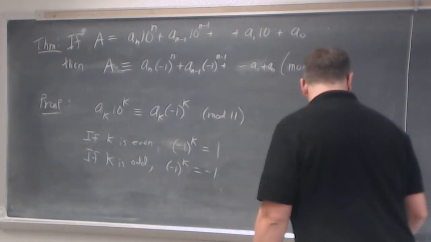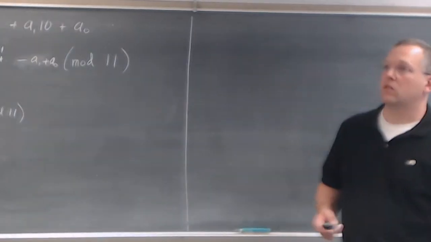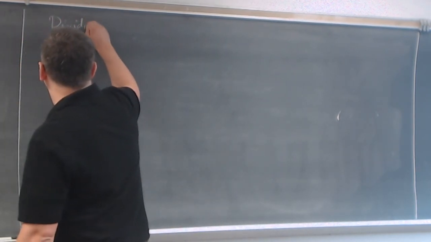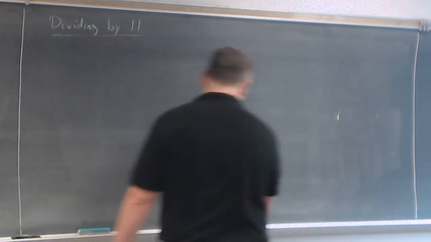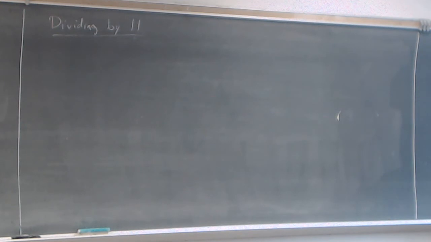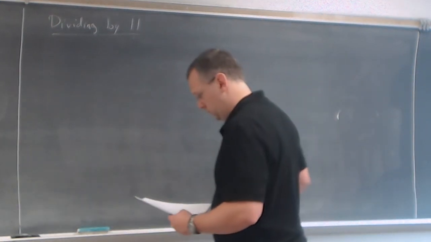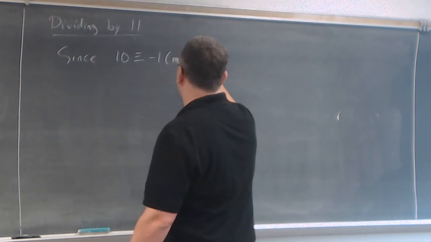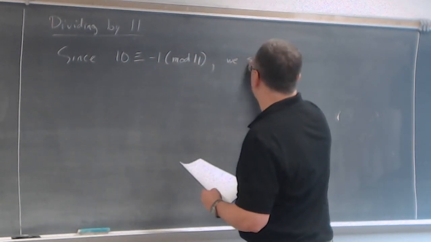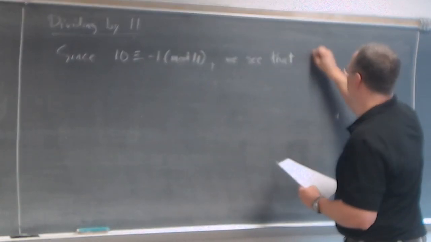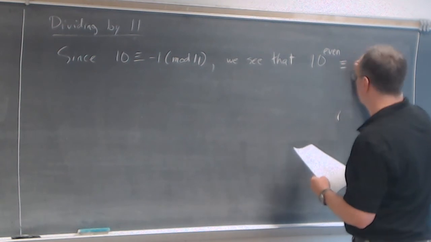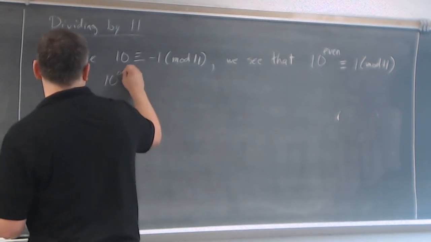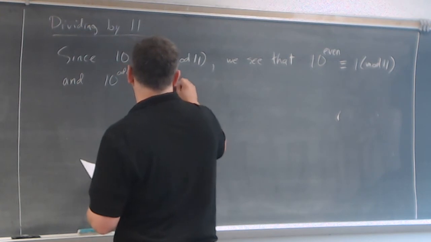So let's look at some examples. Since 10 is congruent to negative 1 mod 11, 10 to an even power is going to be congruent to 1 mod 11, and 10 to an odd power is going to be congruent to negative 1 mod 11.